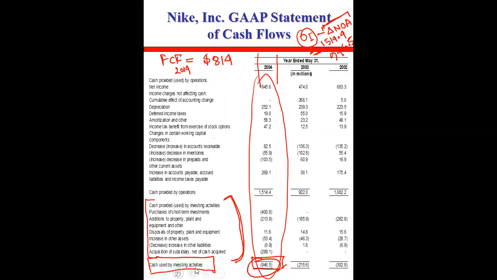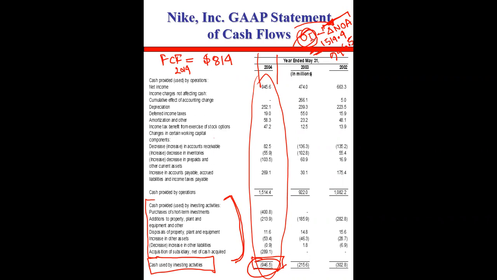That's why if we take this number, cash used by investing activities, to reflect the investment in operations indicated by changes in net operating asset, will we commit a mistake? Yes, no. Yes.